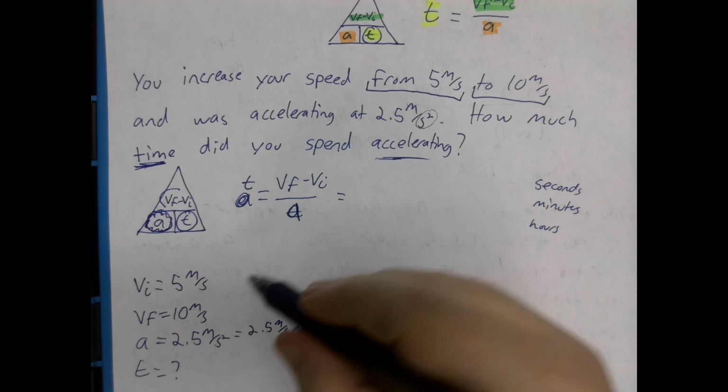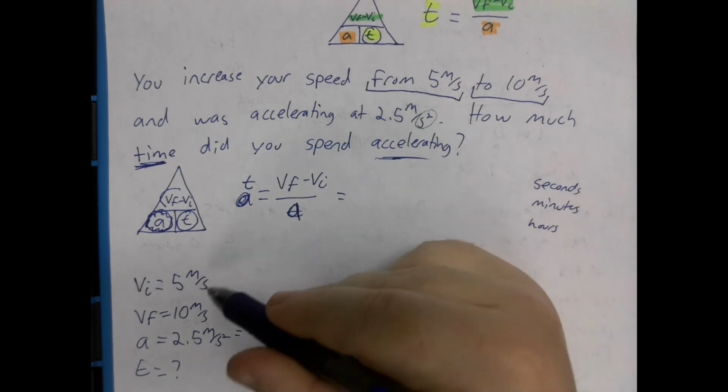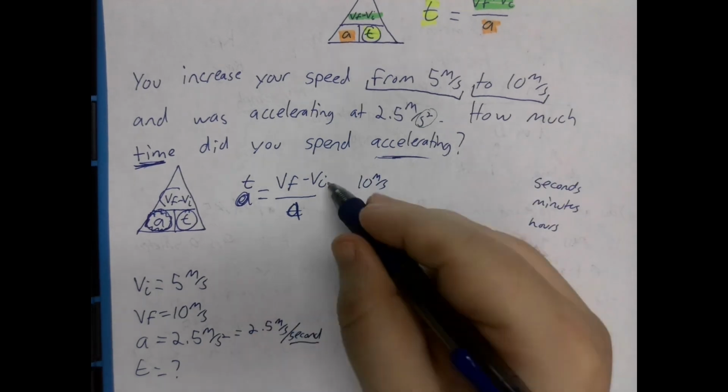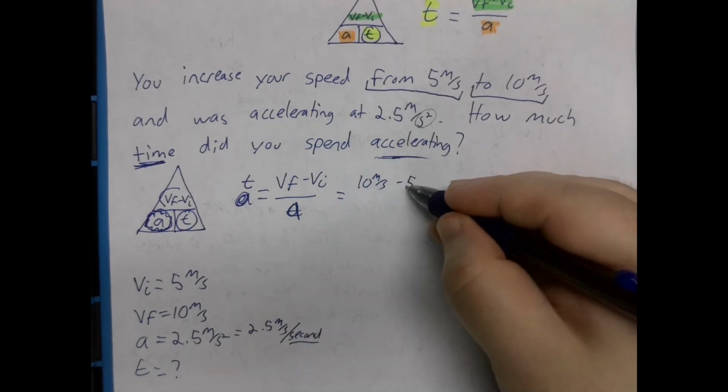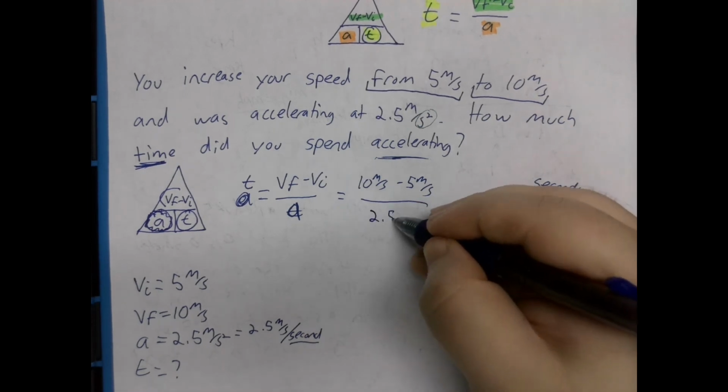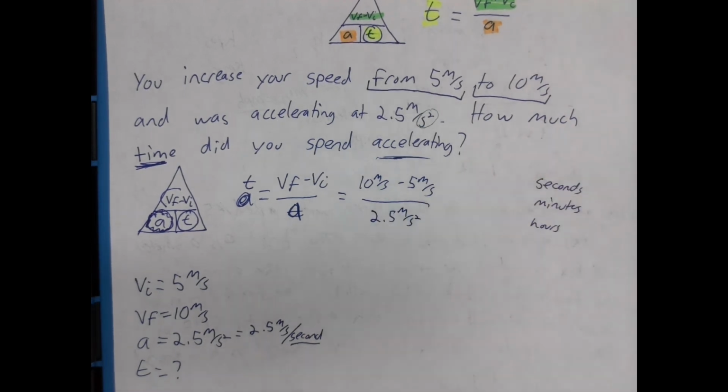So plug this in. Note, VF is 10, VI is 5, and our acceleration was 2.5 meters per second squared. I've seen a lot of people get to this point. They did everything correctly, and then they get some random number. Make sure you're putting it in the calculator correctly.